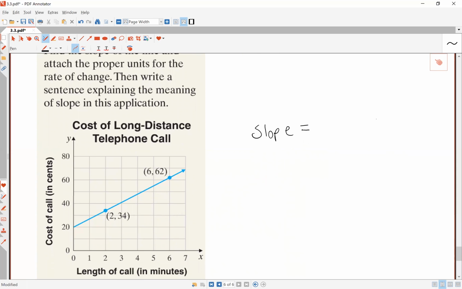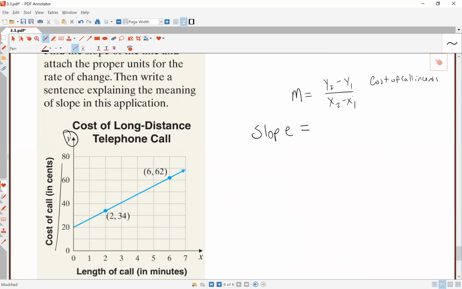When we talk about slope, it's always the change in y over the change in x. That helps us attach the proper units to slope. The y values are on the y-axis, and it's the cost of the call in cents.